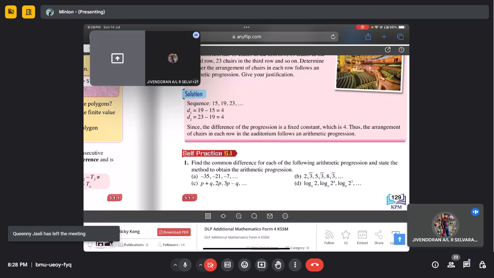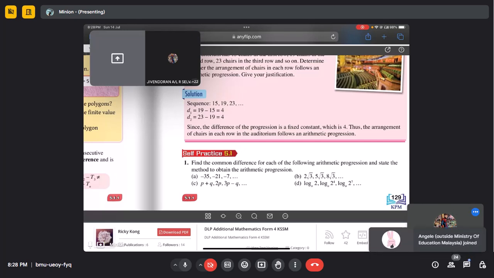Don't forget to put the bracket, and then expand the negative inside, and you will get 2P minus P minus Q. So you will get P minus Q. Then for 3P minus Q, we take the third term minus the second term, 3P minus Q minus 2P. You will still get P minus Q. Therefore it's an arithmetic progression.